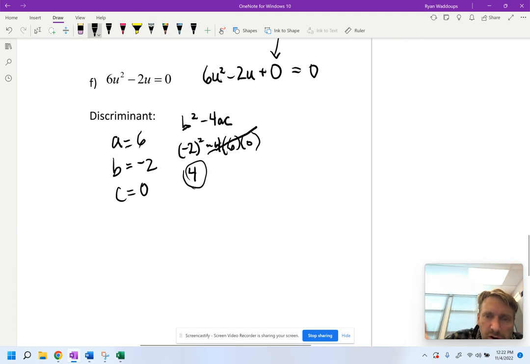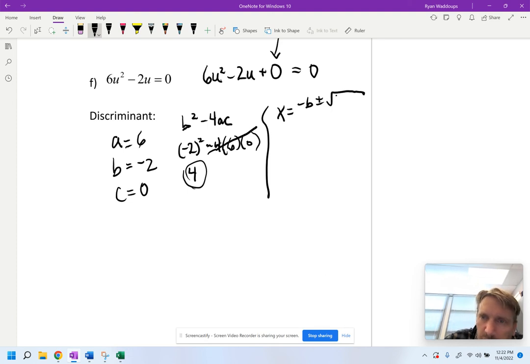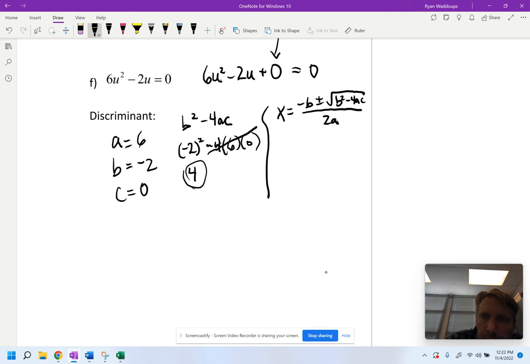And if we go to our quadratic formula, x equals negative b plus or minus the square root of b squared minus 4ac all over 2a.